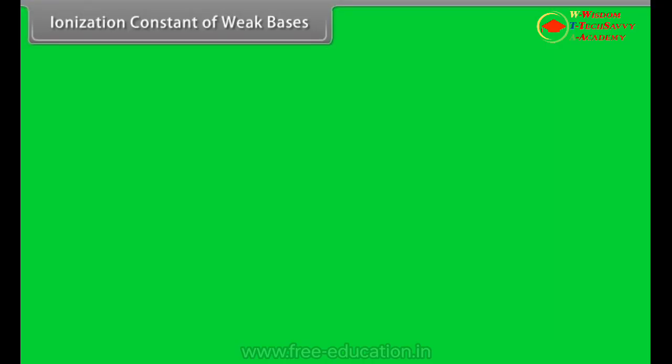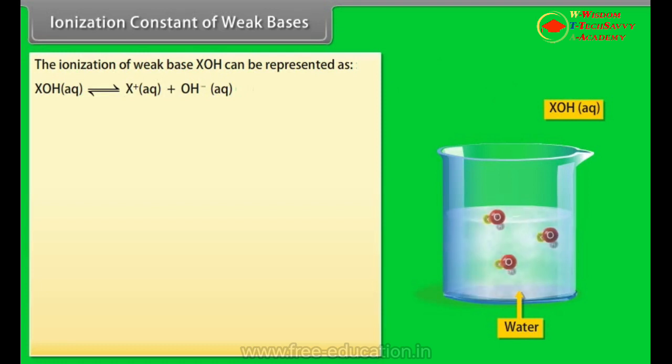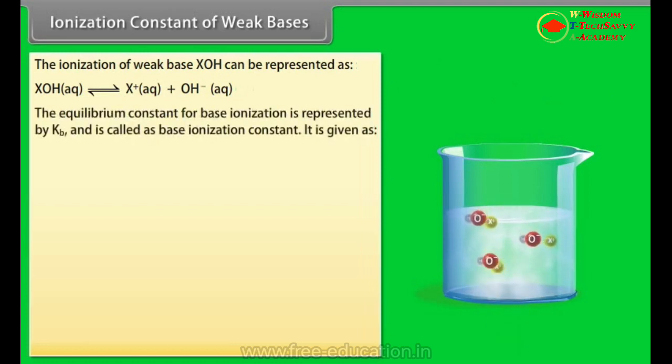Ionization constant of weak bases. The ionization of weak base XOH can be represented as follows. The equilibrium constant for base ionization is represented by Kb and is called the base ionization constant.